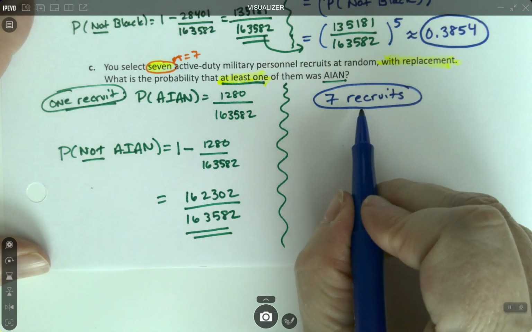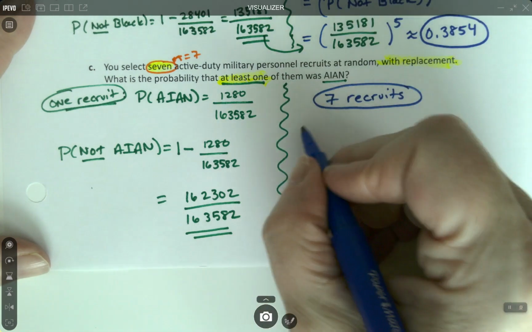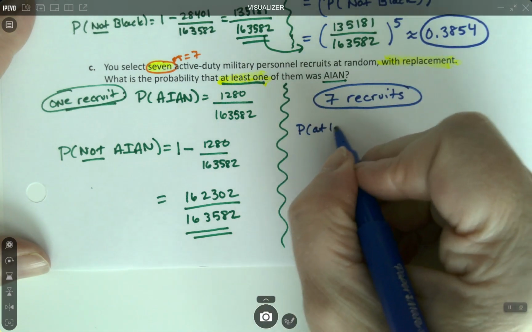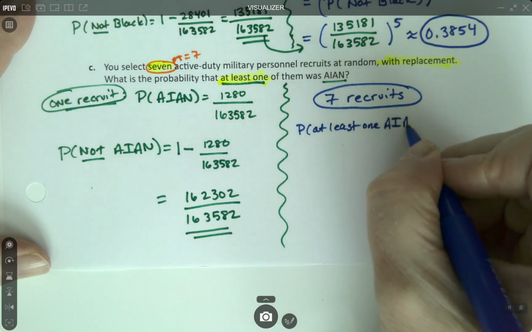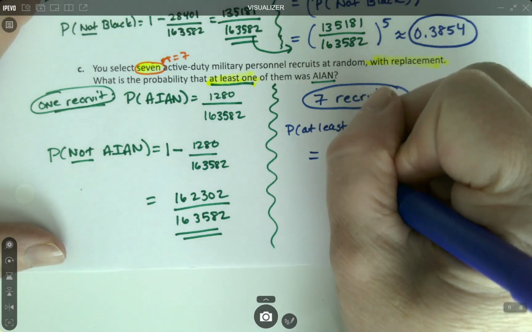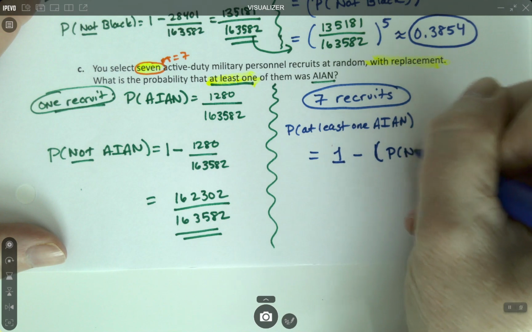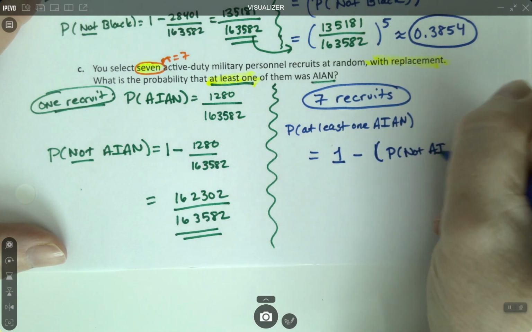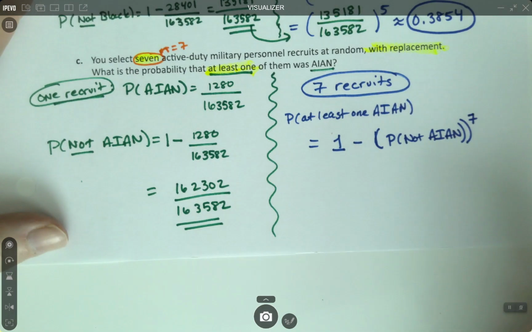Okay, for 7 recruits, let's look and see what we've got going on. I want the probability of at least 1 AIAN. Okay, that's 1 take away the probability of not AIAN to the 7th power.